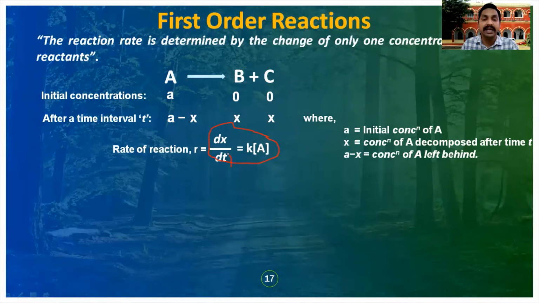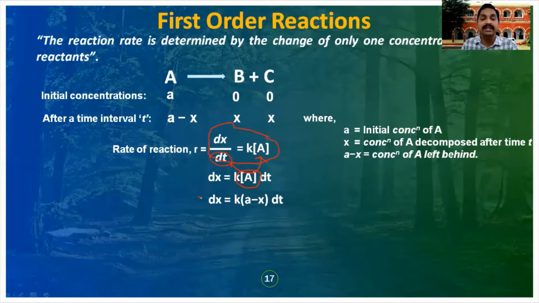Now let us solve this equation. Let us take this denominator dt to the right hand side. Then dx is equal to k into concentration of A into dt. But here the concentration of A is the concentration of A left behind after time t, which is equal to small a minus x.